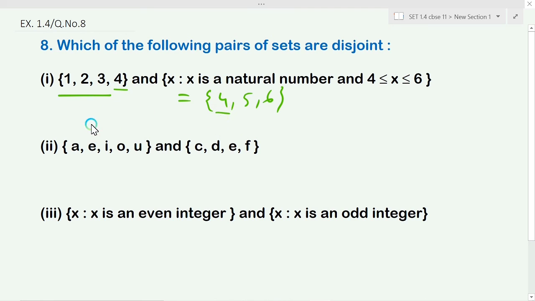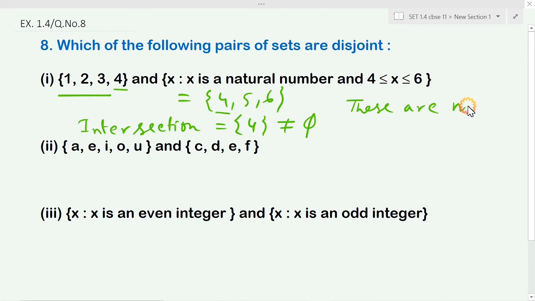So for these two sets, the intersection will be 4, which is not equal to the empty set. The empty set means there is no element, but here there is the element 4. So these are not disjoint.